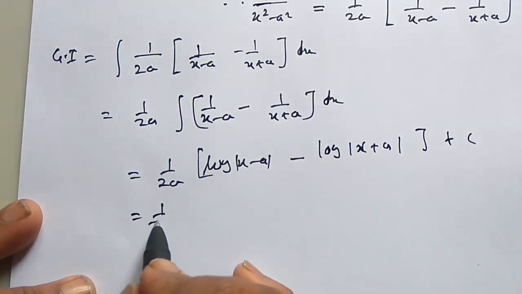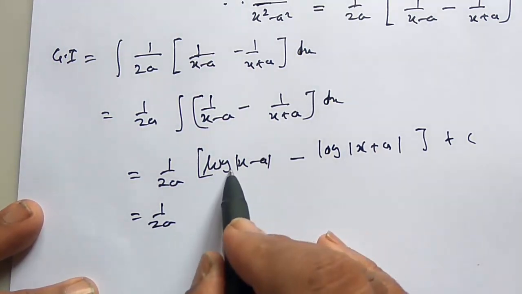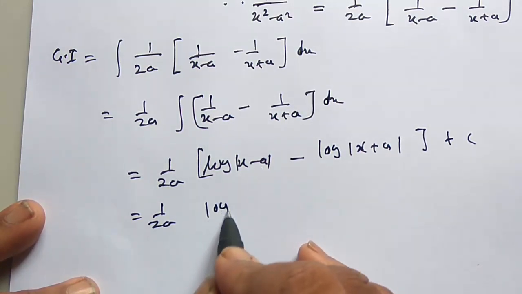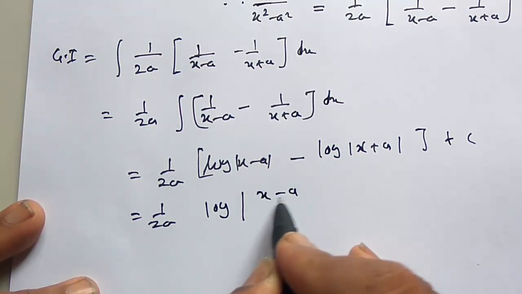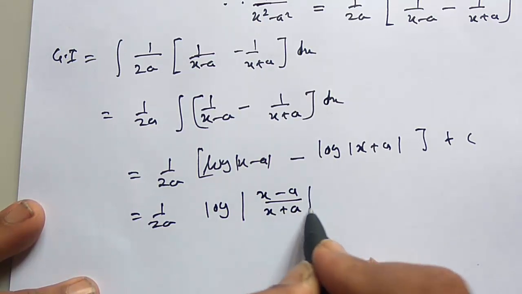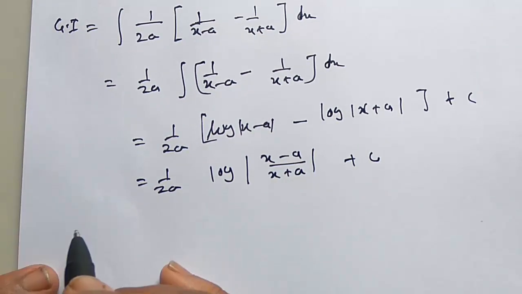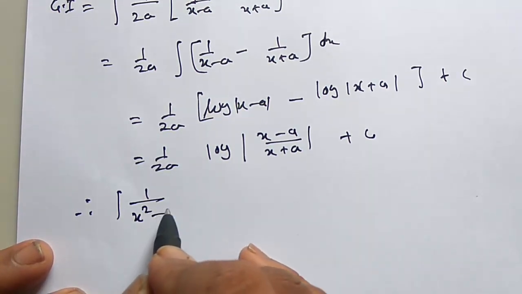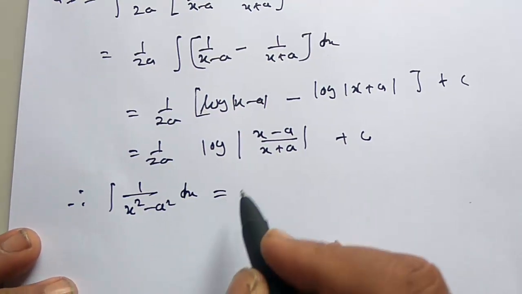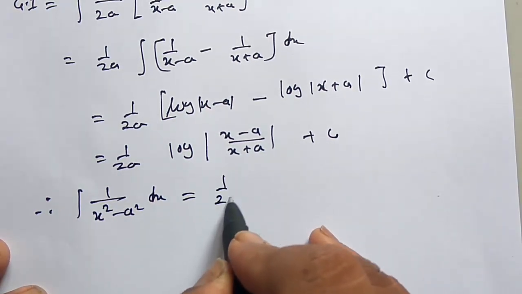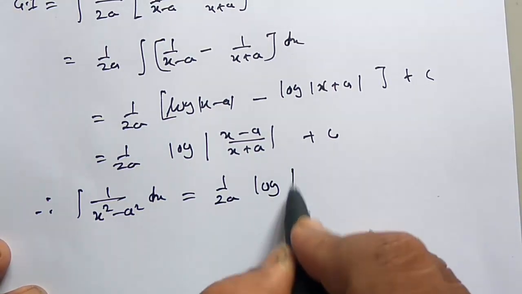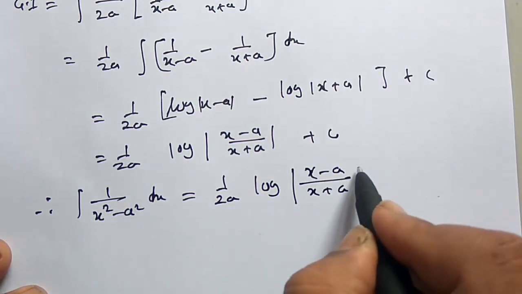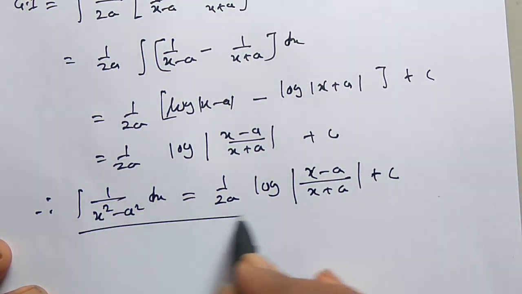We know that log m minus log n is log of m upon n. So log of bracket x minus a upon x plus a plus c, and therefore integration of 1 upon x square minus a square dx is equal to 1 upon twice a log of x minus a upon x plus a plus some constant. So this is the integration.